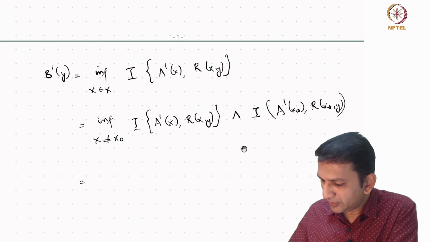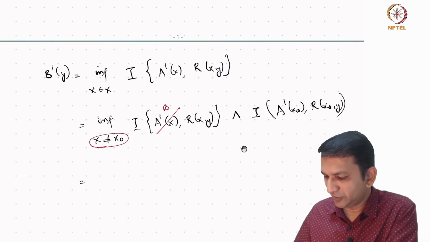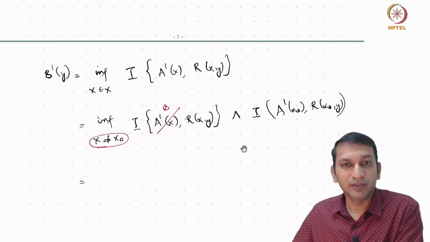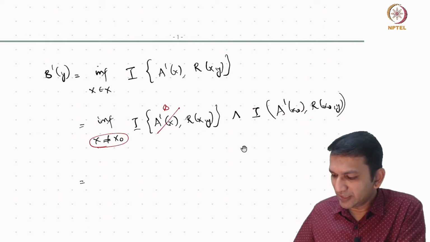Now note that once again at this point, when x is not equal to x0, A dash of x is 0. R of x, y definitely can have some non-zero values, but what we do know is I is an implication.